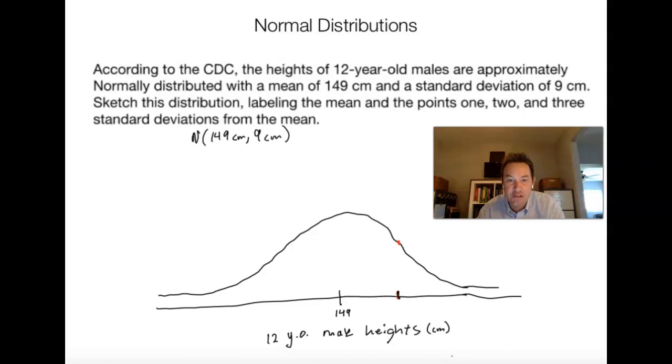The standard deviation they said is 9, so 149 plus 9 is 158. That's one standard deviation. I'll then eyeball that same distance. It's 167. Eyeball that same distance. That's 176.